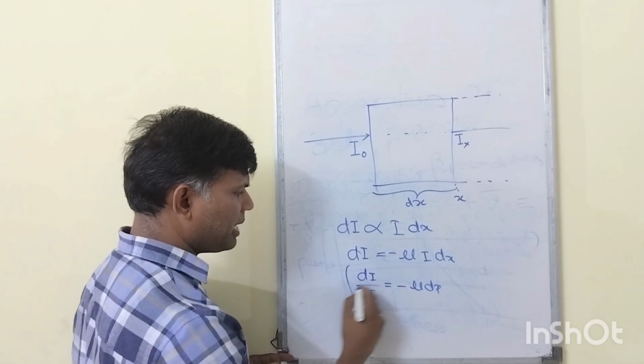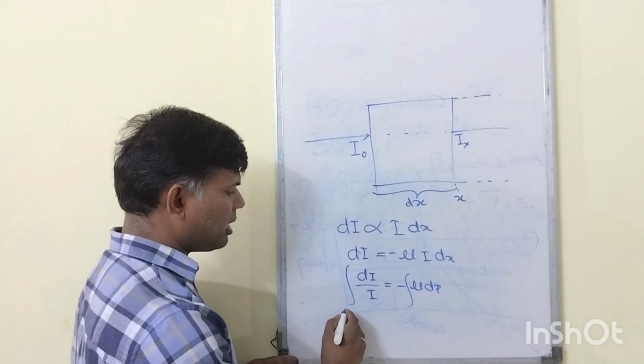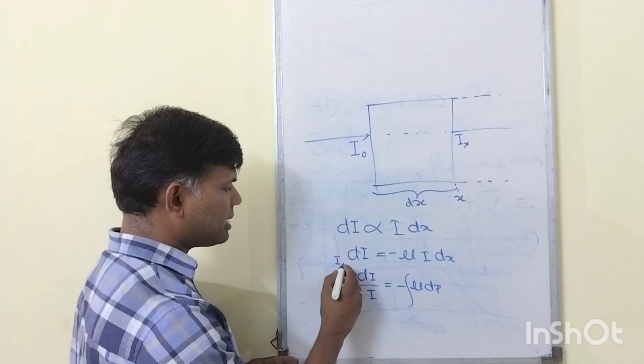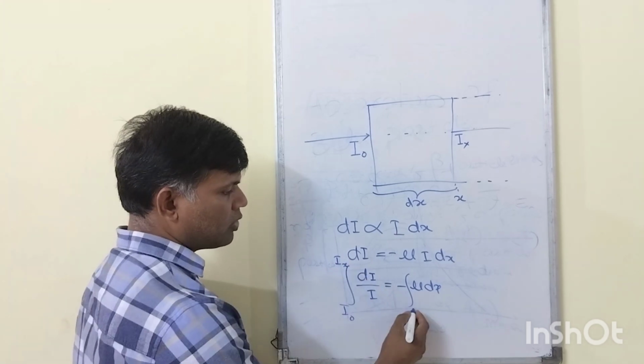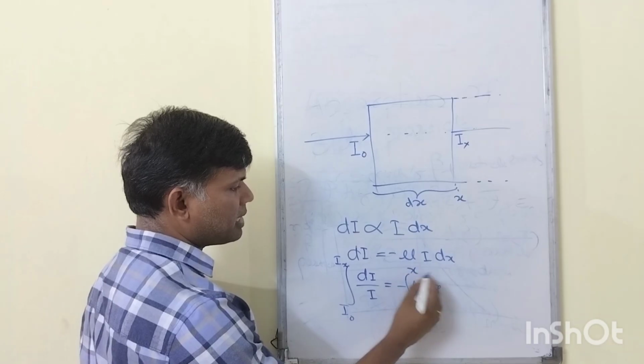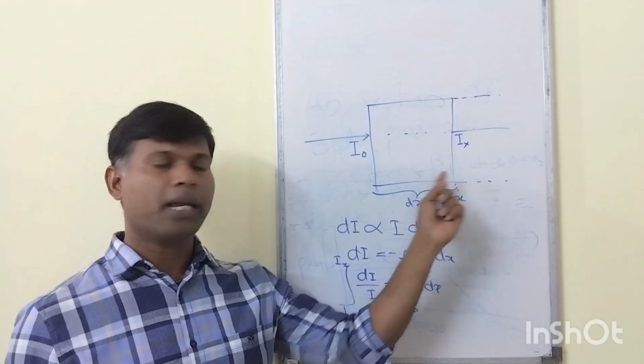You do simple integration like this. Integration of dI by I, with initial intensity I call I0. After traveling a distance x the intensity is Ix. Initially, on entering, the distance is 0, and it has traveled a distance x, somewhere here.